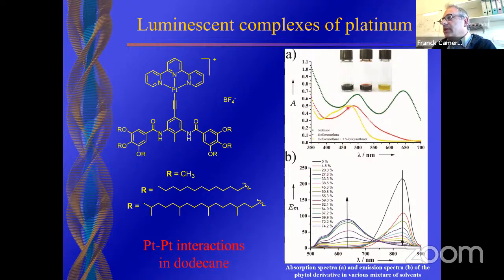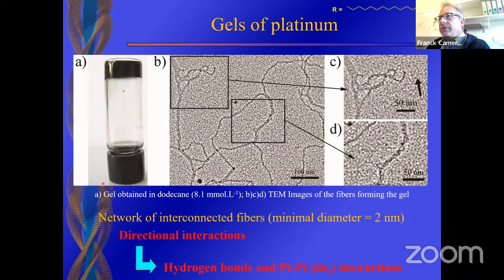The color of the solution is really sensitive to the aggregation of these molecules. In good solvent you are yellow, and in bad solvent you are almost dark green. This is due to the formation of aggregates and to the appearance of new bands which come from platinum-platinum interaction. So we make gels.